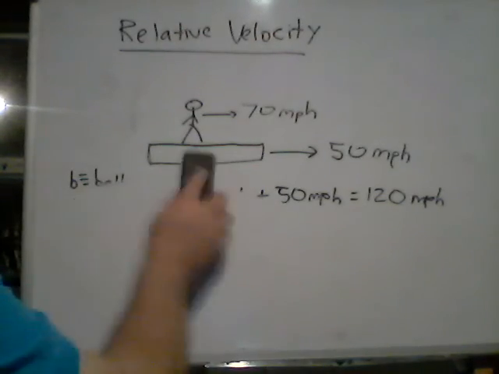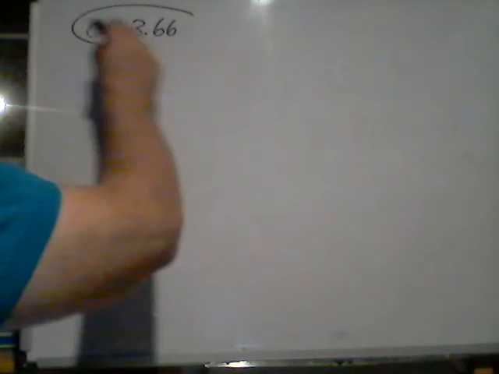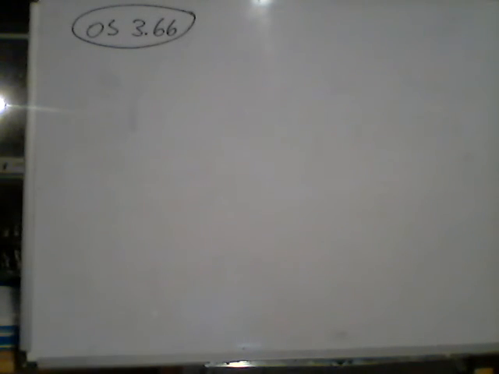It's going to be a relative velocity problem in 2 dimensions, and we're going to realize it's a vector addition. I want to work out OpenStax 3.66, and that's it for this lecture.